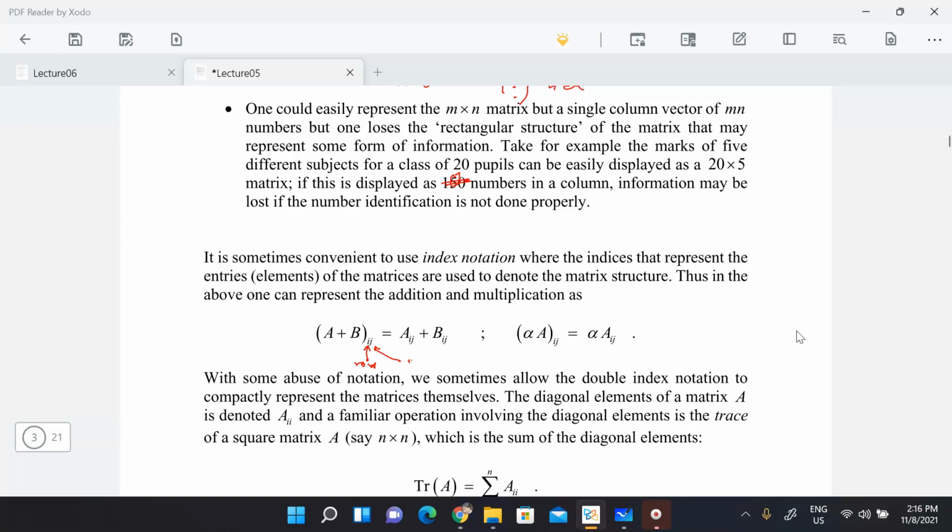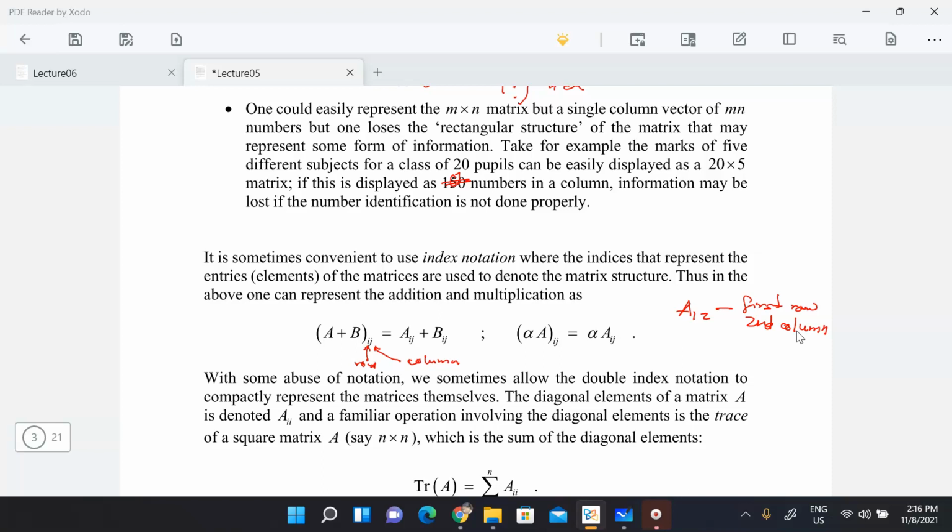The second index is essentially your column. So for example, A12 corresponds to the first row and second column. I'm not sure how much you have done matrices in terms of index notation, but I think it's pretty obvious.